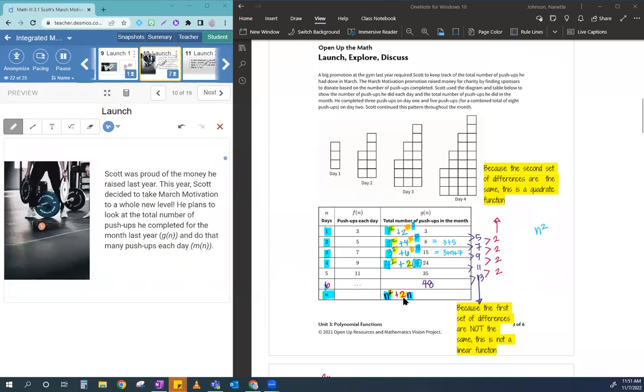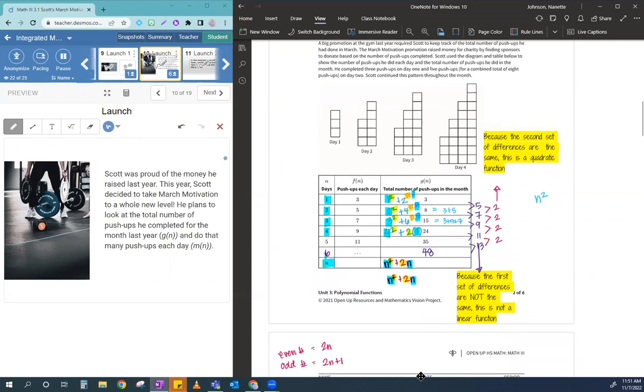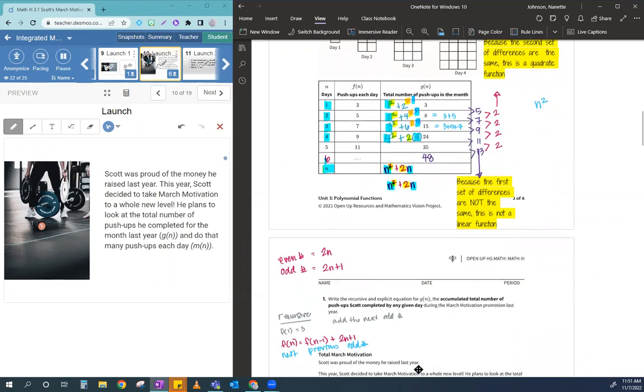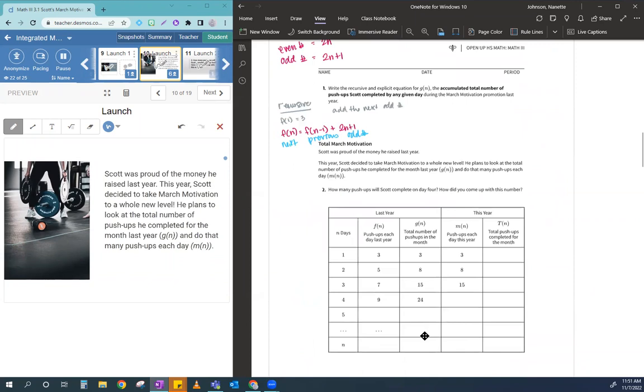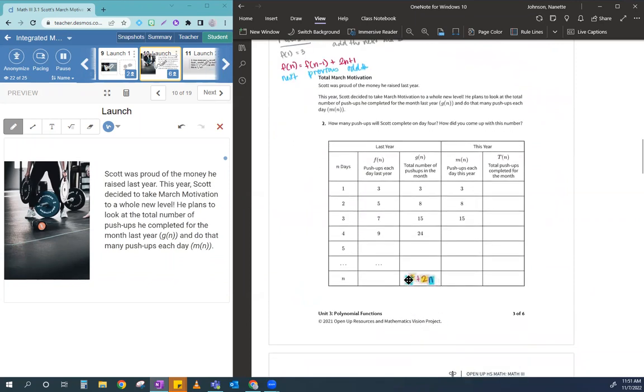So I'm going to take this thing here and copy this, because this pattern goes all the way down here to our new table. This function goes here, right? And if you notice, this function also goes here, right? We know that. Okay, so with that being said, it says how many push-ups will Scott complete?